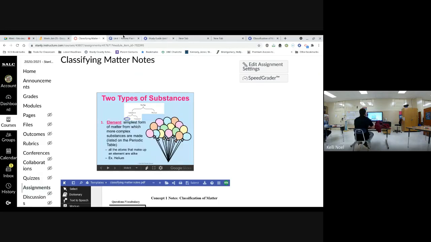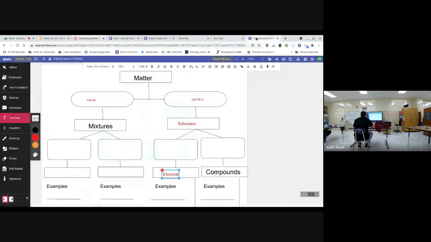So I'm going to say a substance, the simplest form is element.